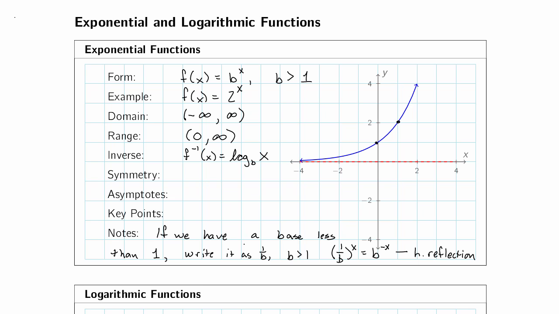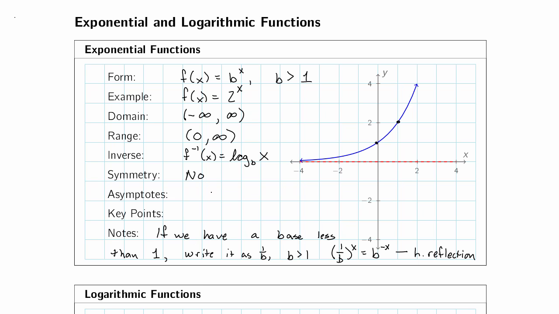And considering this graph, it's fairly straightforward to see that there is no symmetry here. Right? If we reflect it across the y-axis, we have different shapes. If we reflect it across the x-axis, we have a completely different range. This graph has no symmetry.